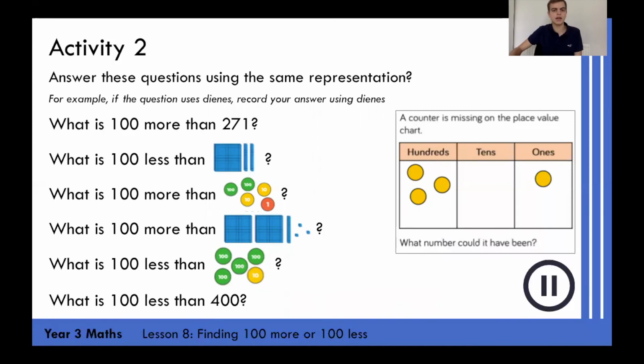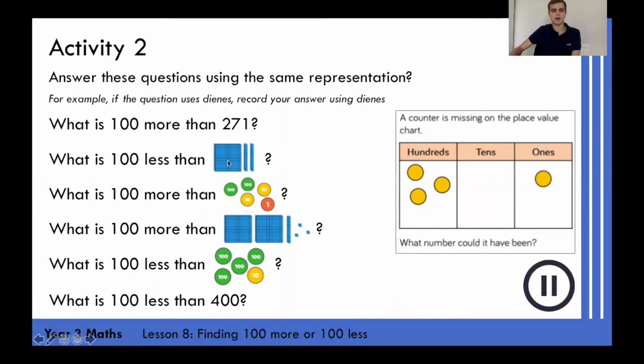Activity number 2 then looks at finding 100 more or 100 less than some numbers made in lots of different ways. And we've had a go at that today. We've had a go at using numbers, at Deans, and at place value counters. So, first one says, what is 100 more than 271? So you've got to work out the answer. Then this one says, what is 100 less than whatever this number represents?